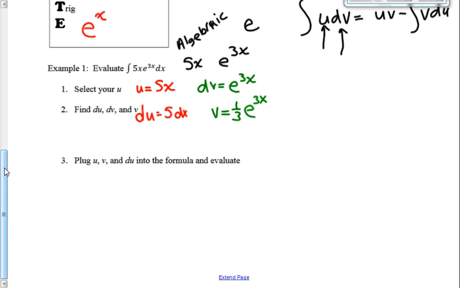Again, my formula is the integration of u dv is equal to uv minus the integration of v du. So I'm just plugging in what I have.